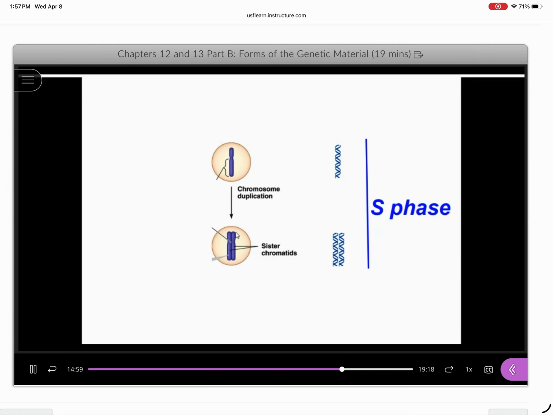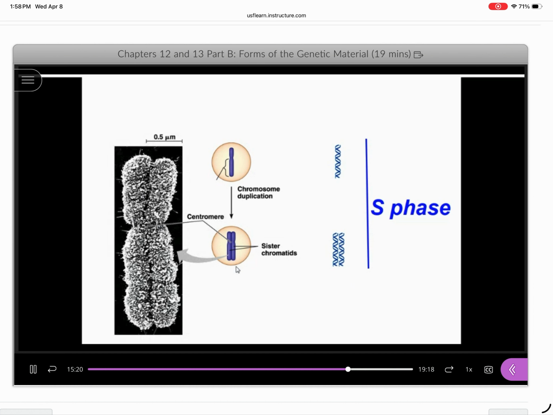Chromatid on the right, DNA on the right. Chromatid on the left, DNA on the left. The process of cell division then separates the sister chromatids. In other words, the DNAs.